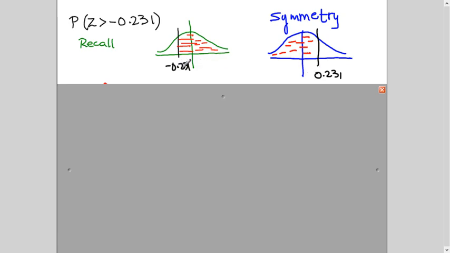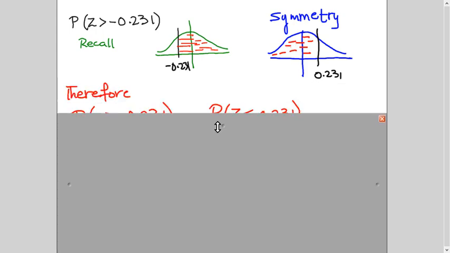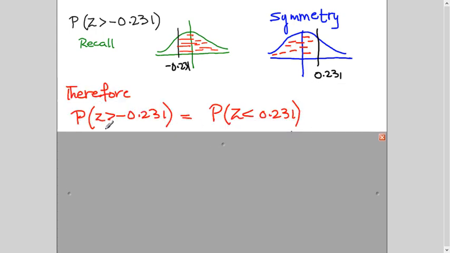So whatever is 0.231, you will have a positive of it on this side. So this area will be equal to this area. So what does it remind you? That if you have to calculate the probability of Z greater than minus 0.231, it will be equal to the probability of Z less than 0.231.